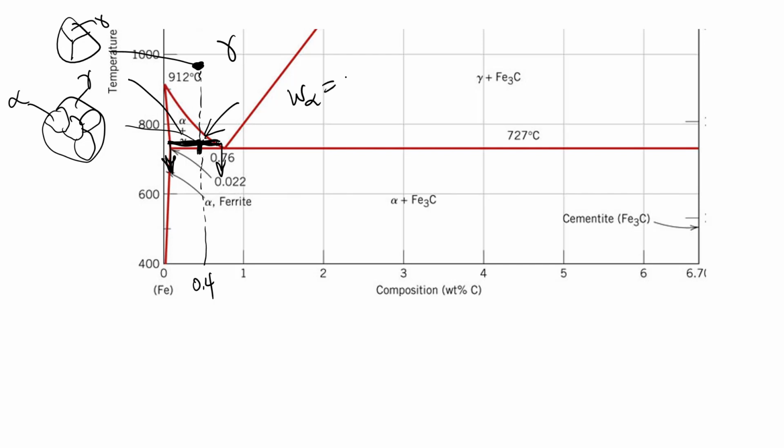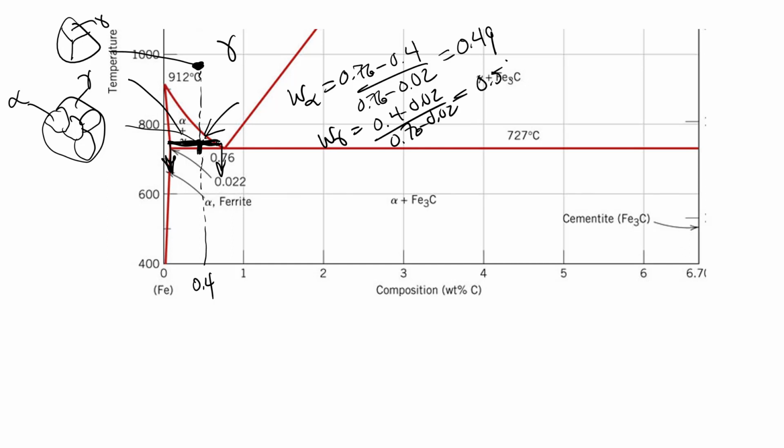Alpha is the opposite side of the lever, that's 0.76 minus 0.4 over 0.76 minus 0.02. Well, if you figure that out, you get 0.49, so it's about half. And then how much is gamma above the line? Well, it's 0.4 minus 0.02 over 0.76 minus 0.02, but it's 0.51. It's got to add up to be 100, right?